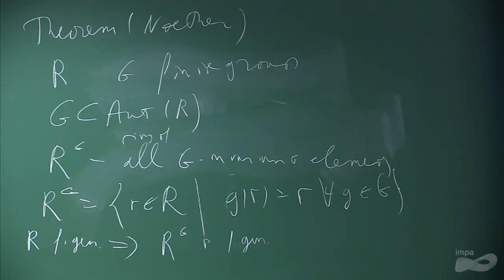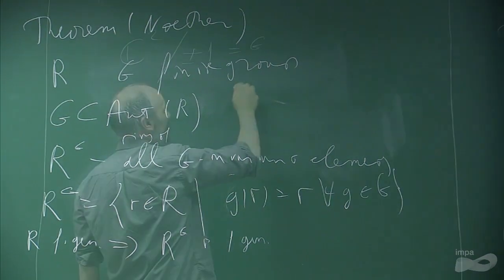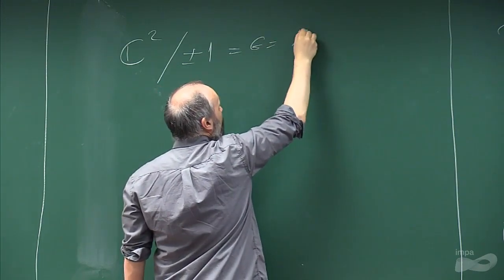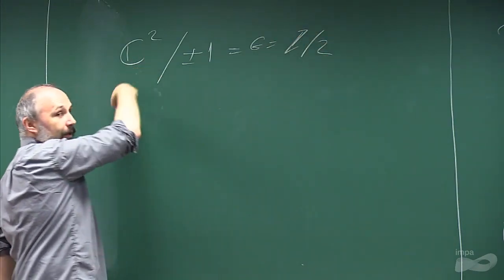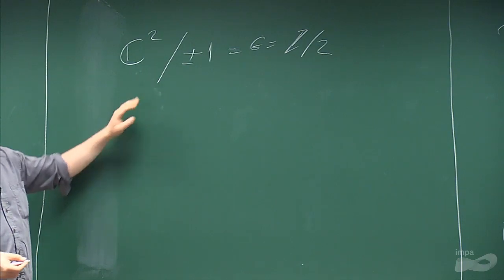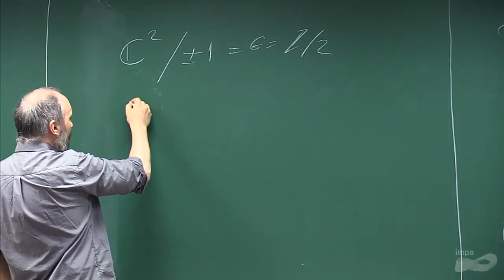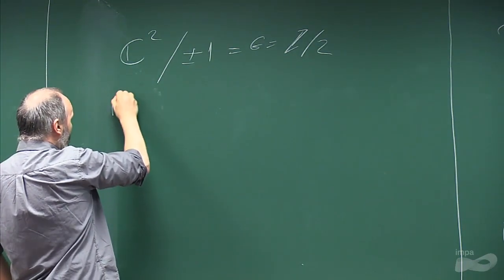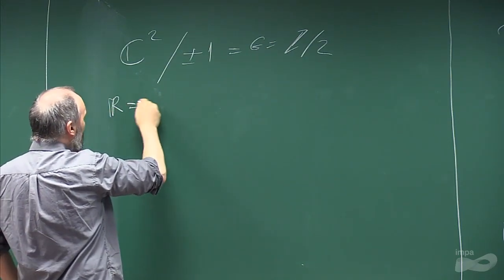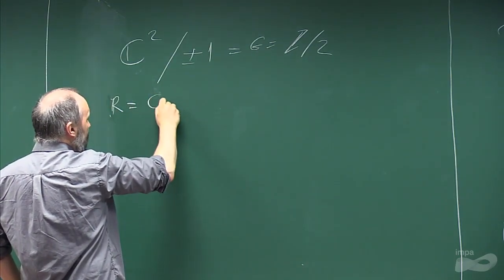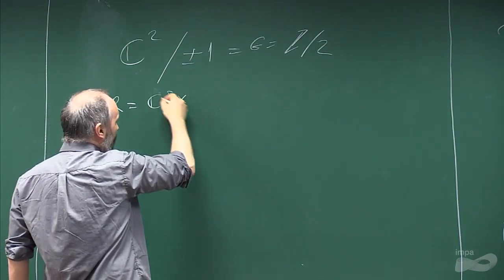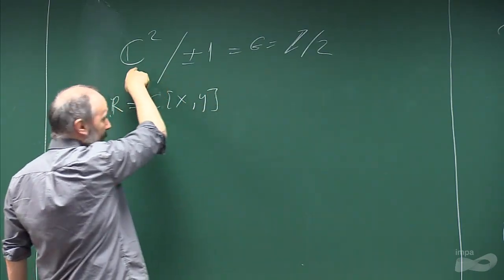So now functions. Let's call this group G. G is just plus minus 1. It's Z/2. And it acts here by plus minus 1. Am I clear? So now we have R, just polynomial functions on C^2, which is C[x,y]. It's polynomials of two variables.